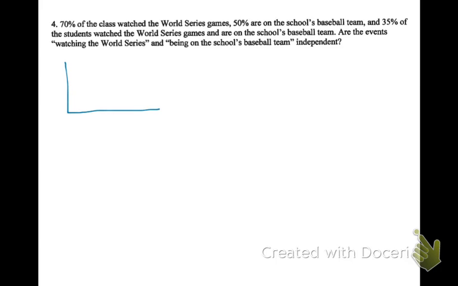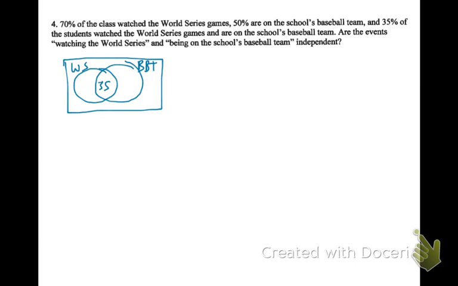Okay, so let's create a Venn diagram. So maybe World Series is one event, baseball team is the other event, on the other circle. So I have three numbers. 70% watch the World Series, so inside this circle for World Series should total 70%. 50% are on the school's baseball team, and 35% is the intersection.